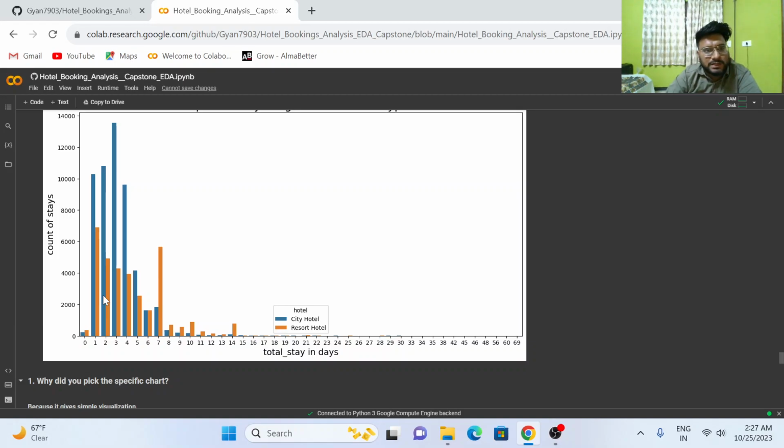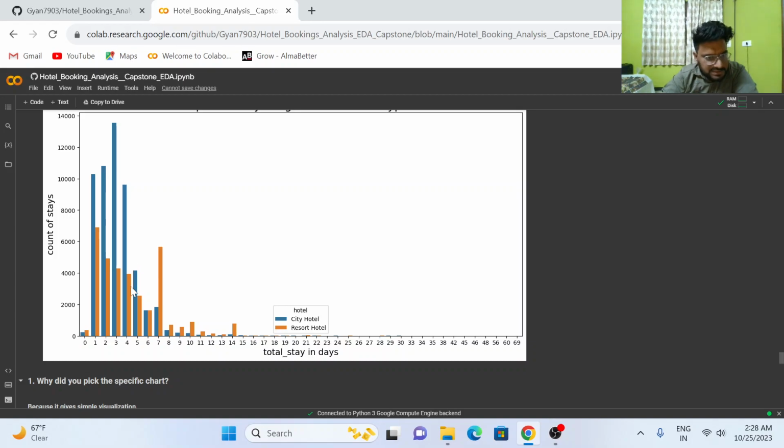So we can clearly see that the total number of stays in days is significantly higher in the city hotels if we count the lesser number of days, like 3, 4 or 5 days, but for the longer period of time, the resort hotels came out to be their choice, if I say.